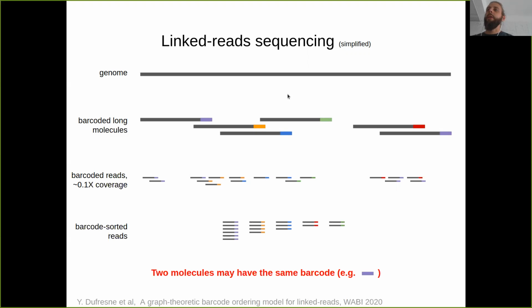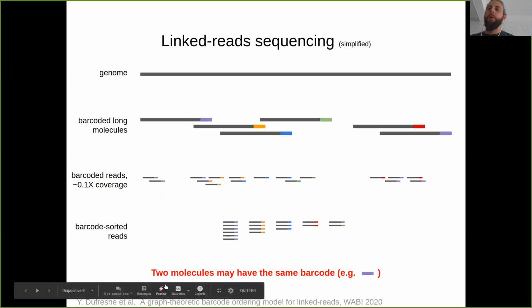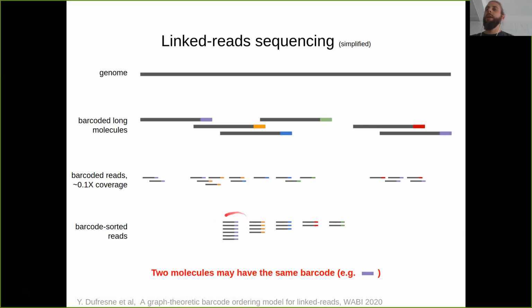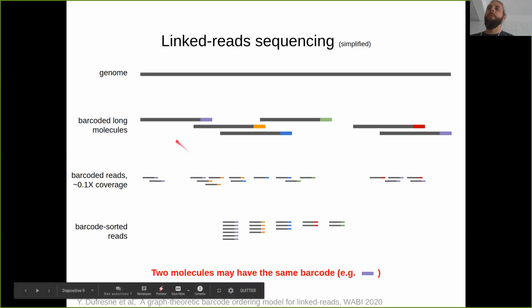But in this example, you have two long molecules, on the left and the right, that share the same barcode, here the violet. So you can differentiate the short reads coming from this molecule or that molecule.